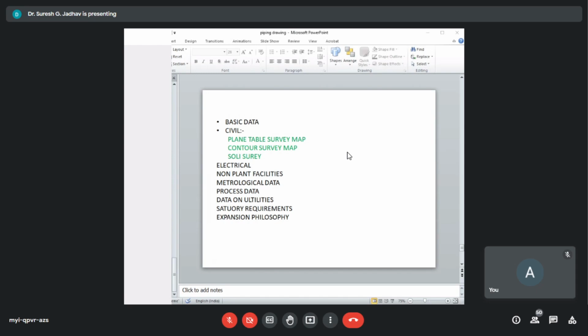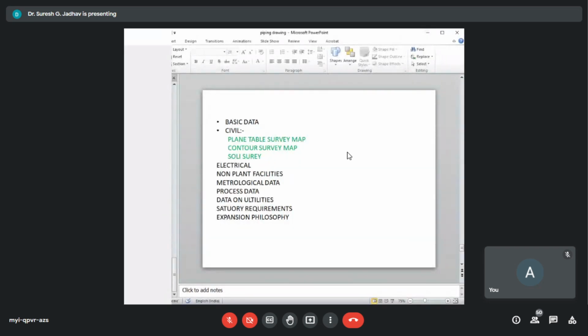Now, the next parameter is meteorological data. In meteorological data, this is to arrive at the location of the process area, utility areas, and the type of enclosure required for the building, basic design parameters, and the drainage details.